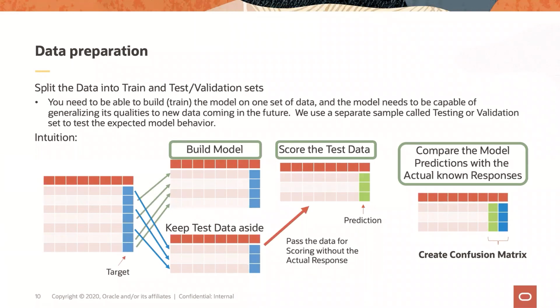You want to split that original data into a training and test data. And then you want to build your algorithm, make your model build the algorithm on the training data, and then test the quality of the model on your test data.